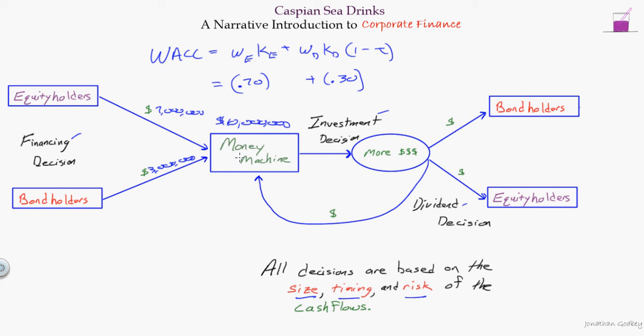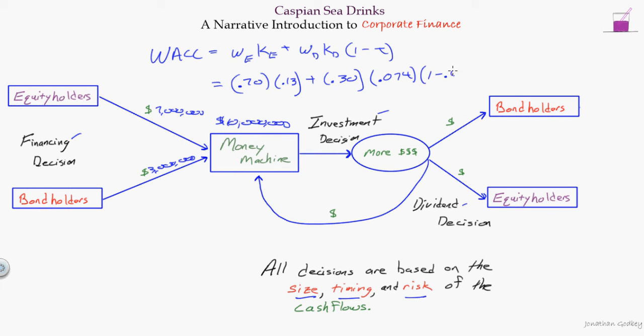So that's 70-30. That decision is beyond the scope of this class. It will just be given to you. These guys raised some money. 70% was from equity, 30% was from debt. Now let's say the cost of debt was 7.4%, so 0.074. And I'll talk about where that comes from a little bit later on. And the tax rate was 40%.